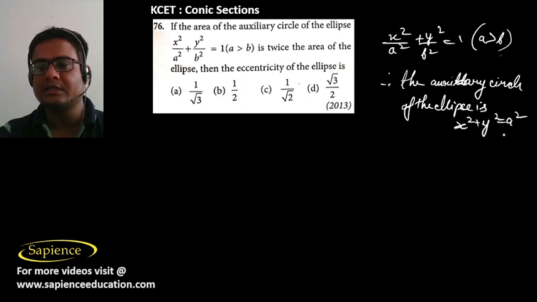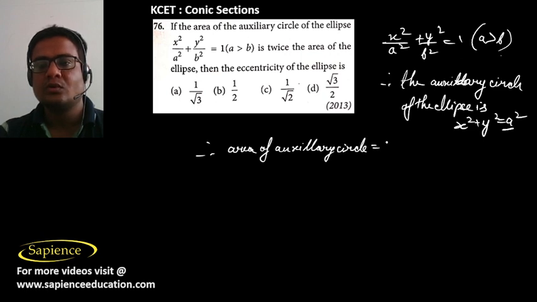So it has radius a units. So the area of the auxiliary circle is equal to 2 into the area of the ellipse.